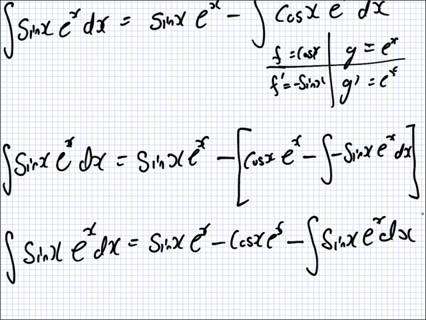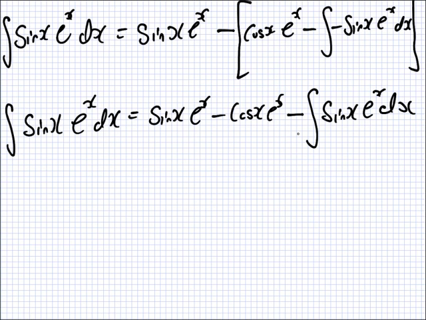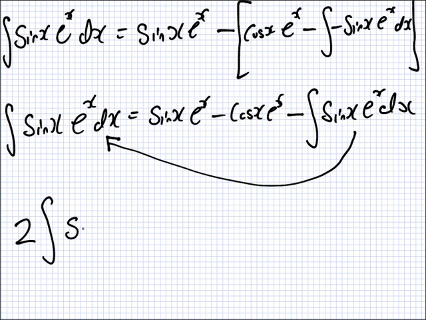Right. The way to break out of the loop is, stupidly, you can take this to the other side. So now you have 2 of them. So now you get that equals that.